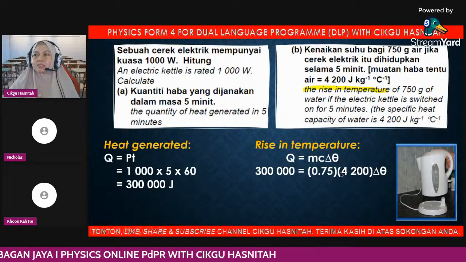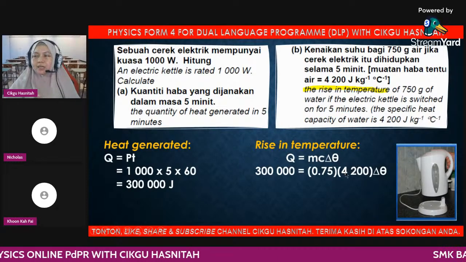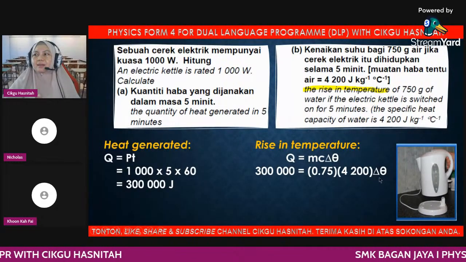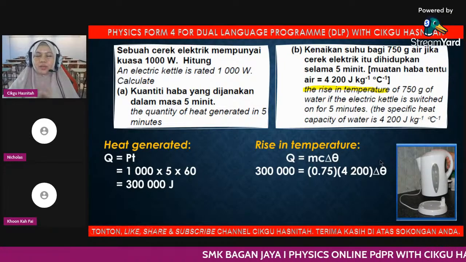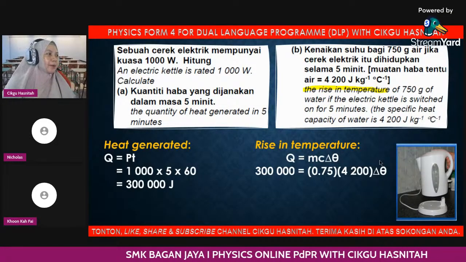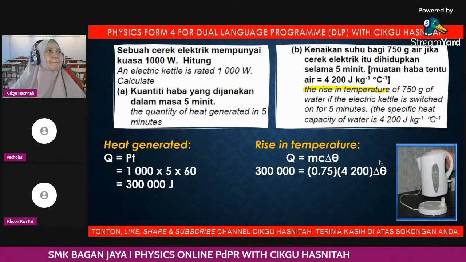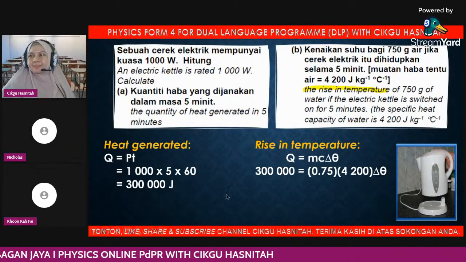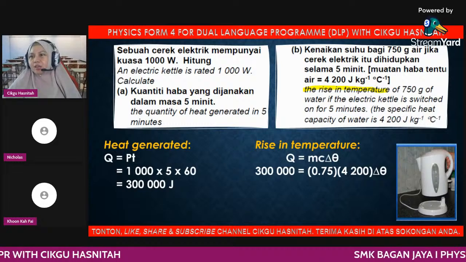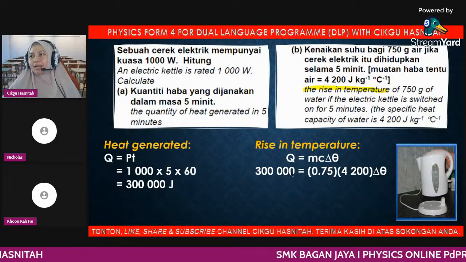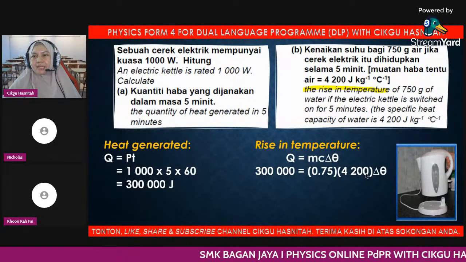And this is the specific heat capacity for water. So we can find the rise in temperature. Can you calculate it? Work it out with your calculator and share what the rise in temperature is.